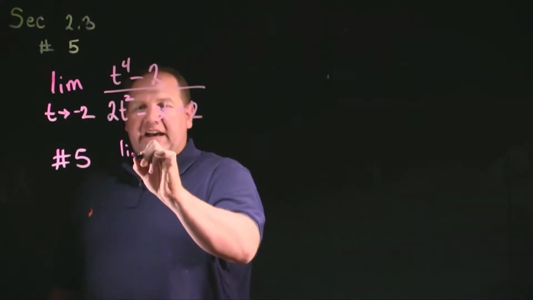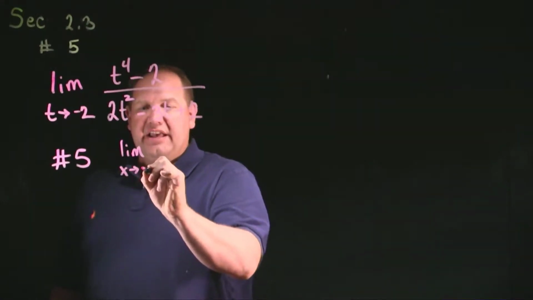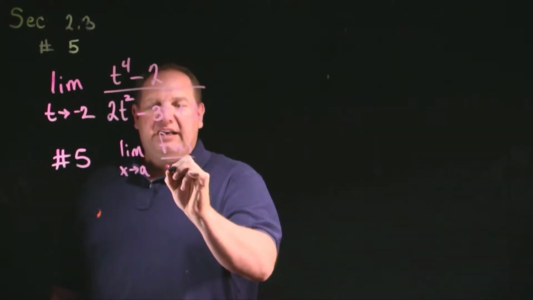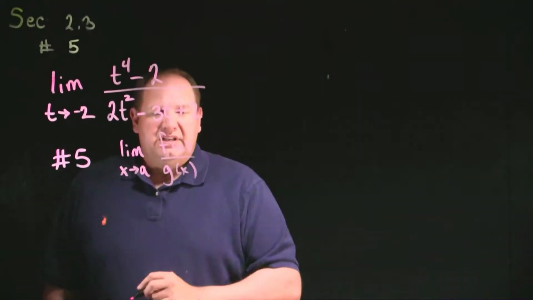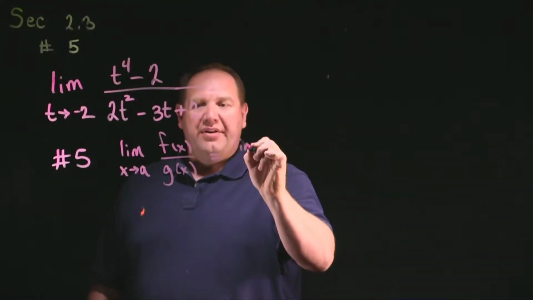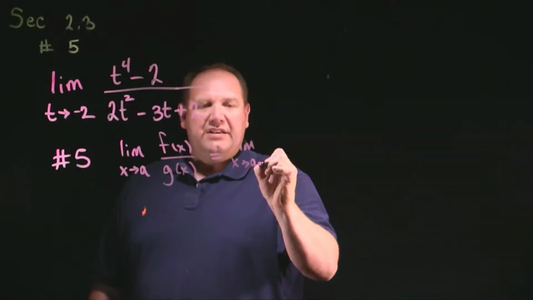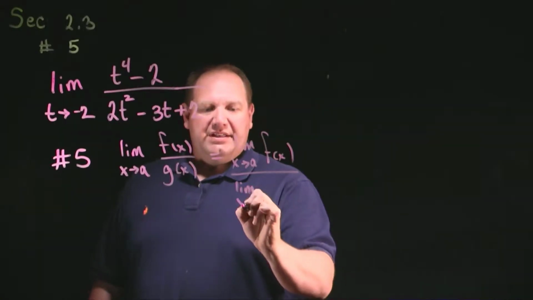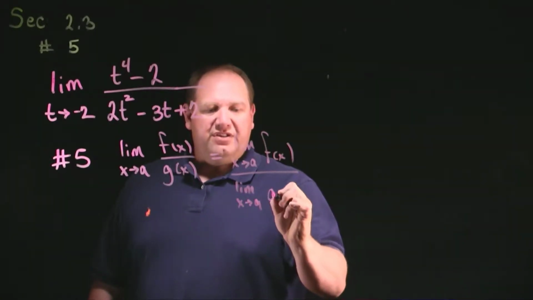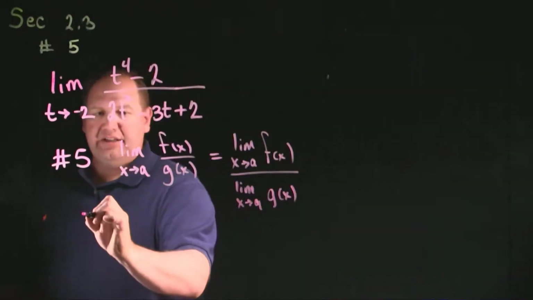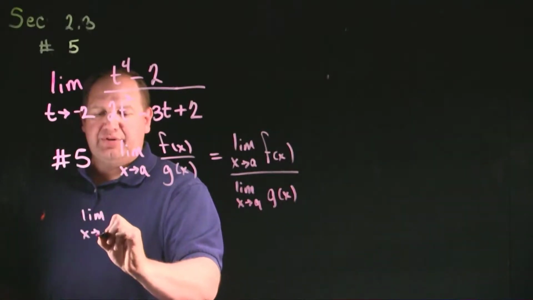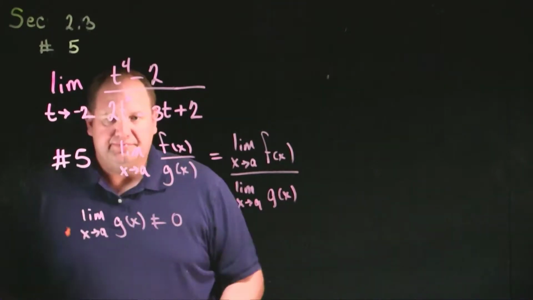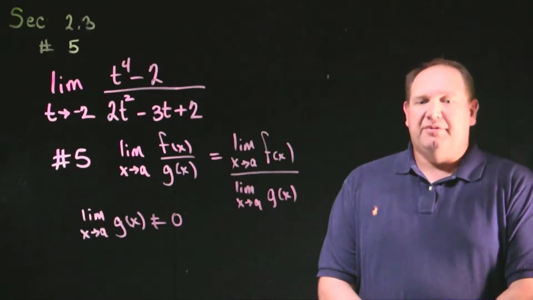And that says if I take the limit as x approaches a of a rational function f of x divided by g of x, I can rewrite this as the limit as x approaches a of f of x, all divided by the limit as x approaches a of g of x, as long as the condition that the limit as x approaches a of g of x is not equal to 0. So that's limit law number 5.